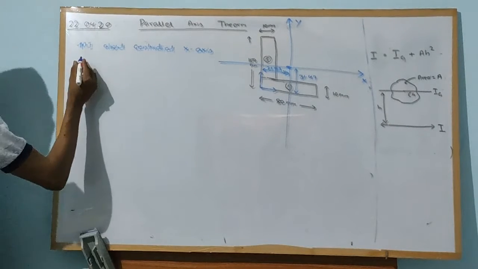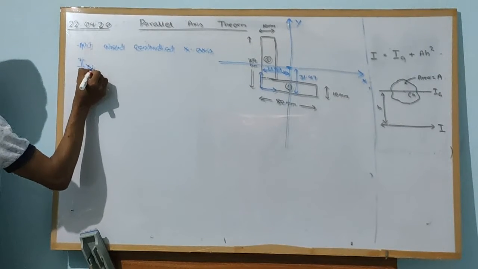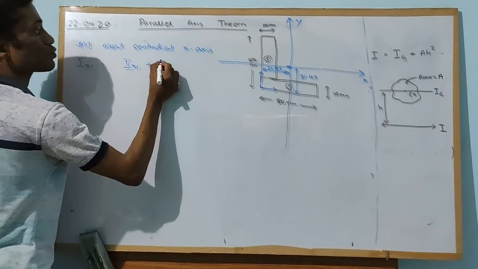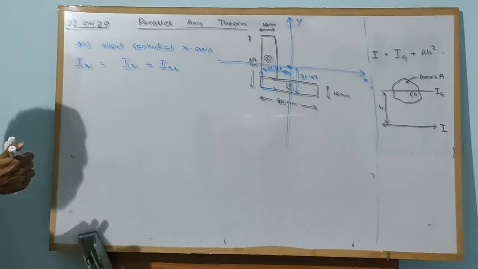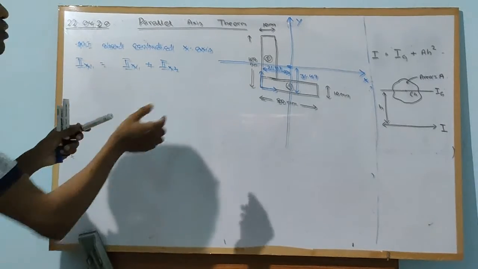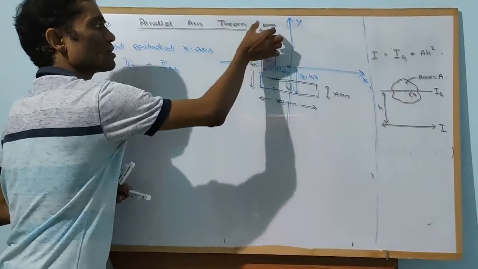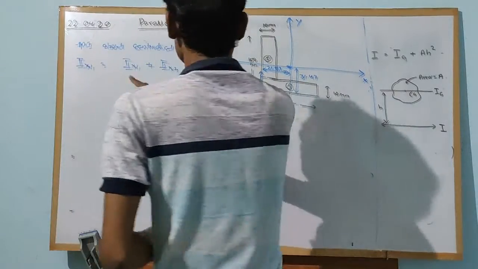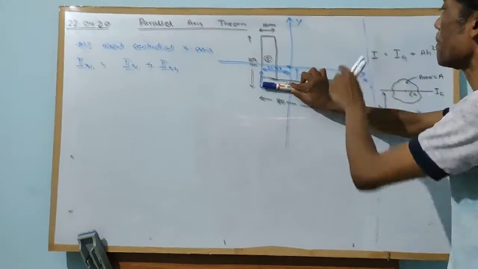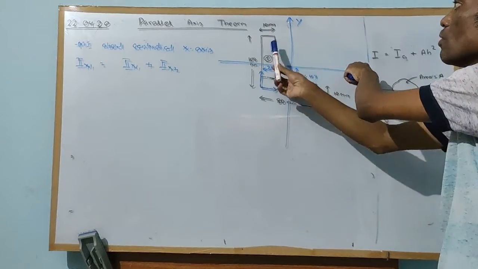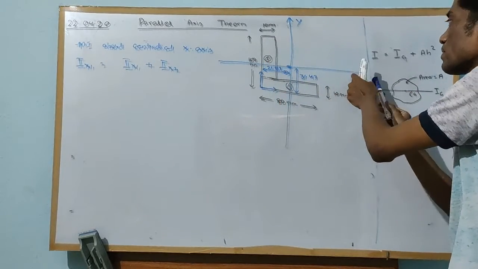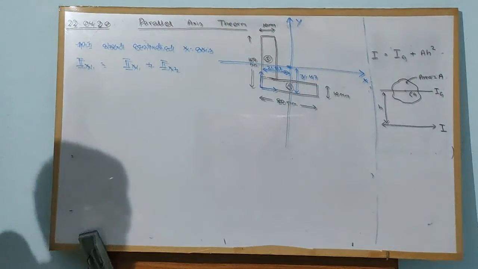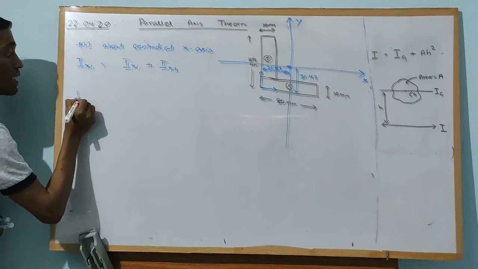So I can say my Ix, the moment of inertia about the centroidal x-axis, is Ix1 plus Ix2. That is because this is a composite figure. I don't know the formula for this entire L section, so again I divide it into two rectangles. So Ix1 is the moment of inertia of this rectangle about this axis, and Ix2 is the moment of inertia of this rectangle again about the x-axis. Now see Ix1.